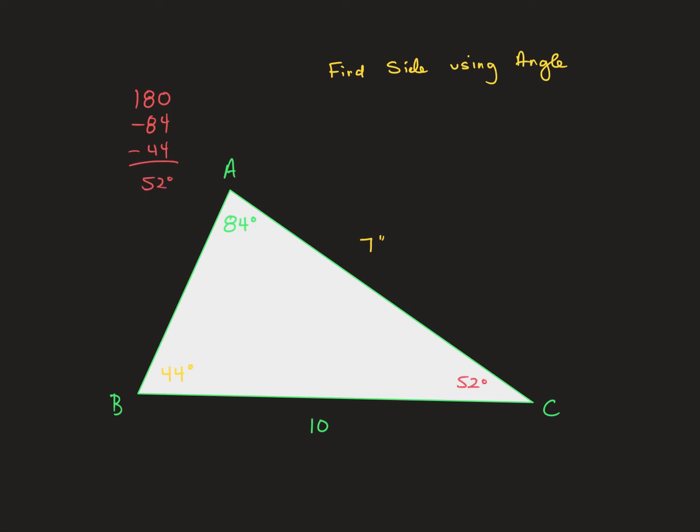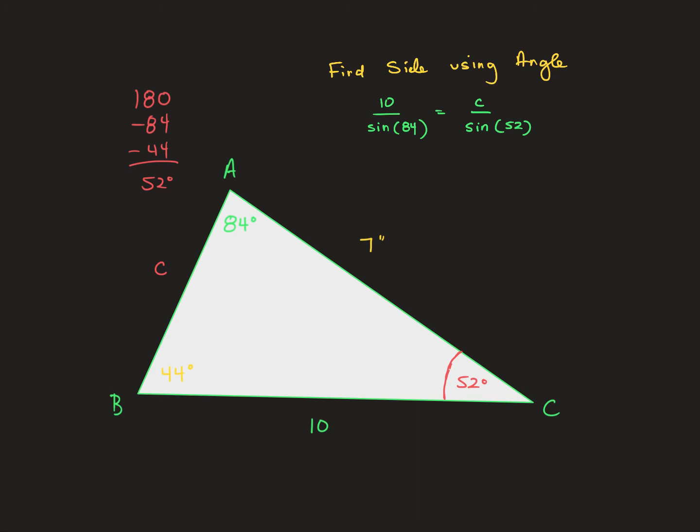And this is important because if I'm looking for C, remember you need 3 out of the 4 parts. This angle here, 52, gives me my third part. And I can go back and set up 10, which is A, over sine of 84 is equal to, we don't know what C is, but we do know its angle using the previous slide is 52 degrees.